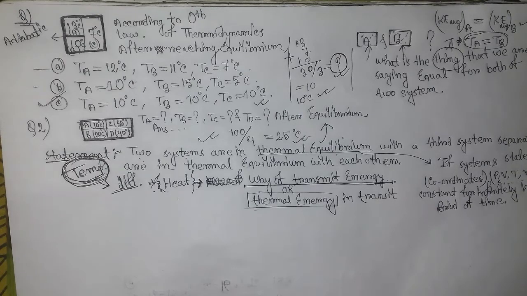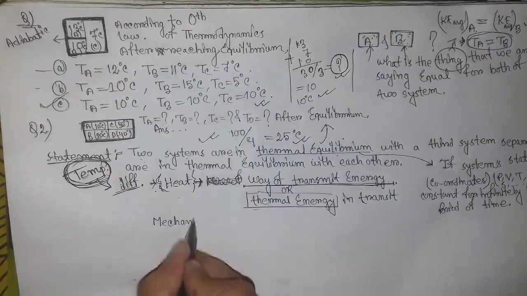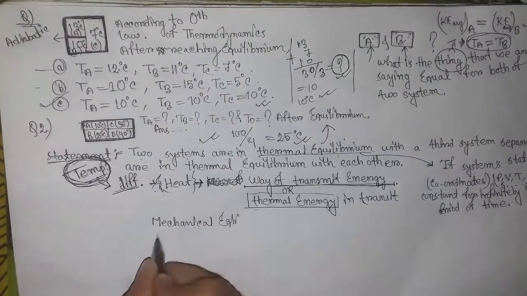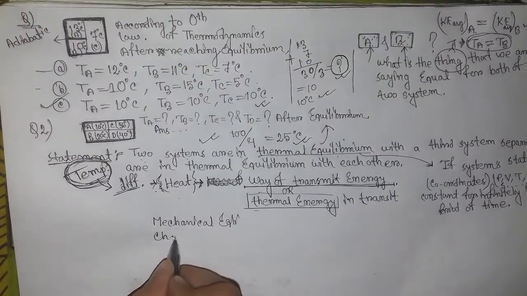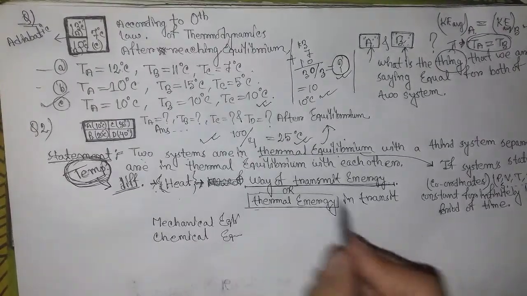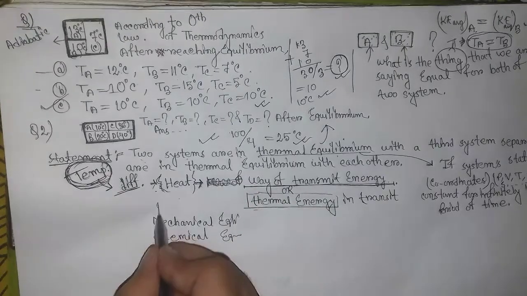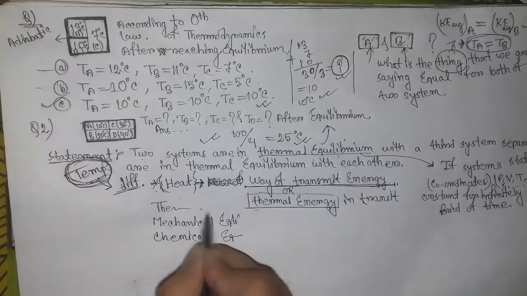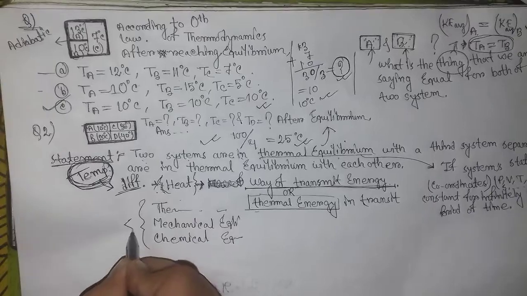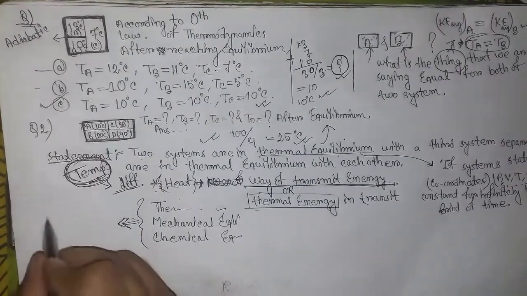There are two other equilibria, that is mechanical equilibrium and chemical equilibrium. And all of these together, thermal equilibrium, mechanical equilibrium, and chemical equilibrium, we call thermodynamic equilibrium.